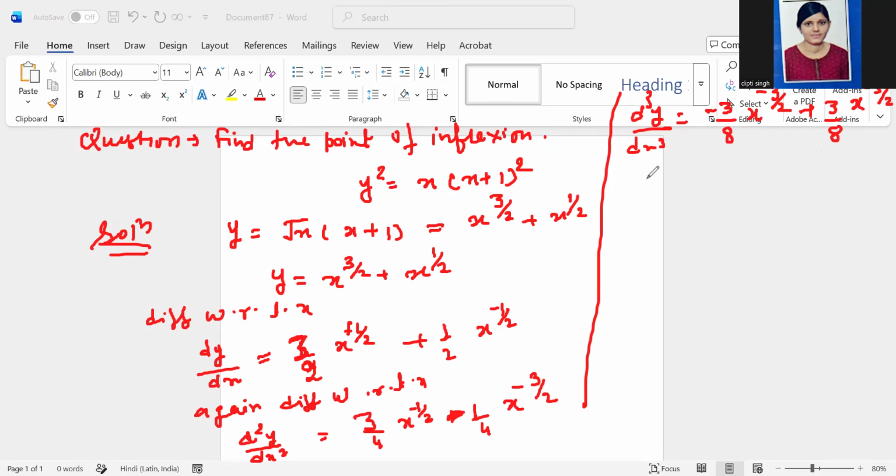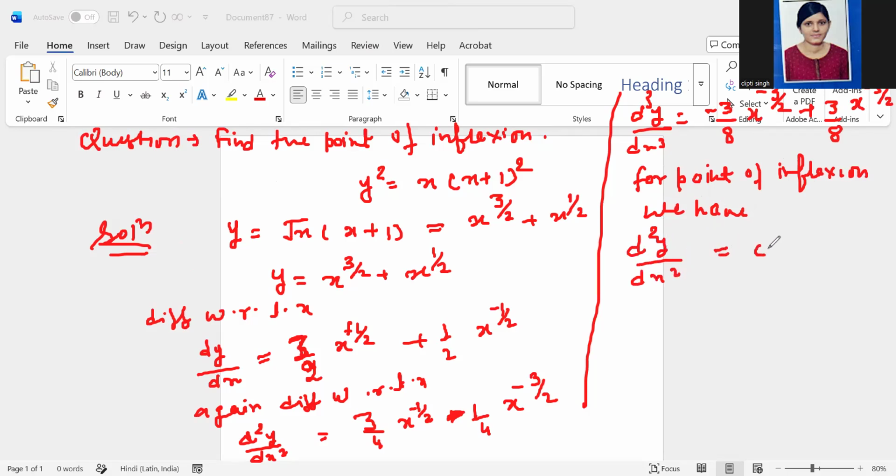For point of inflection, we have d2y by dx square equal to 0.